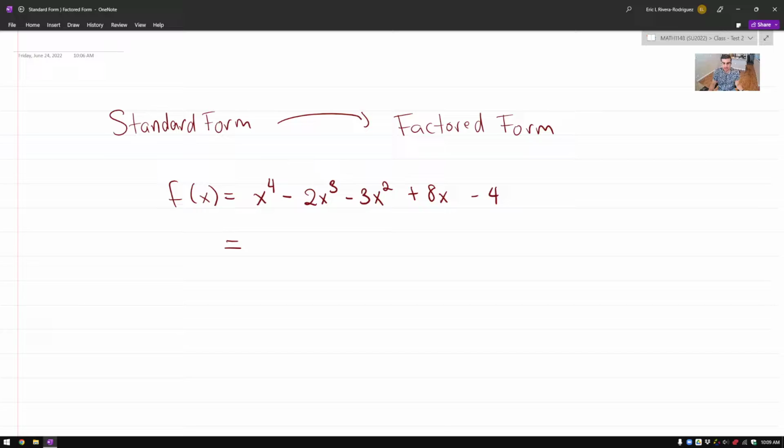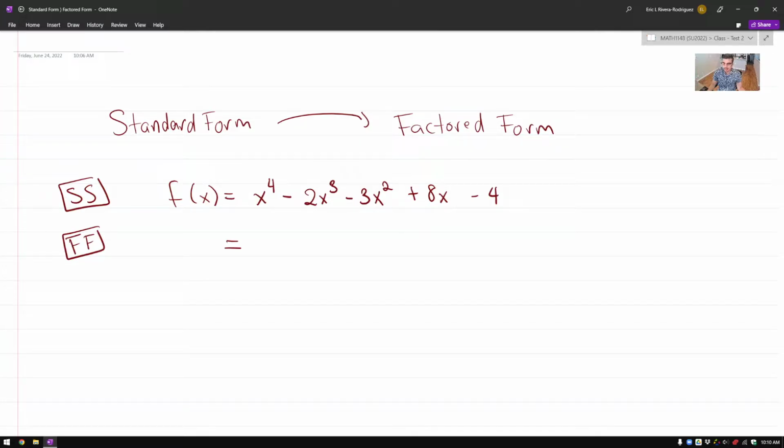We have the standard form here, and I want to write this in the factor form. But what is that? Let me show you how the factor form looks, and then I'm going through all the steps to show you how I got to the factor form.